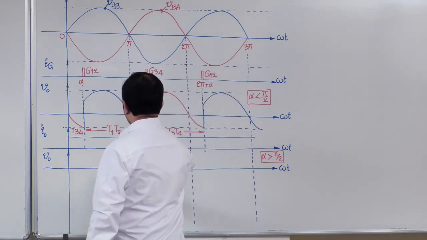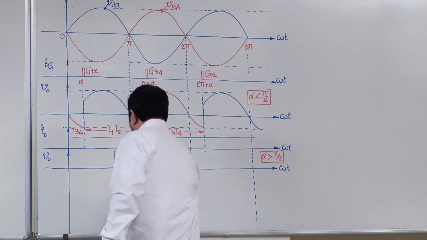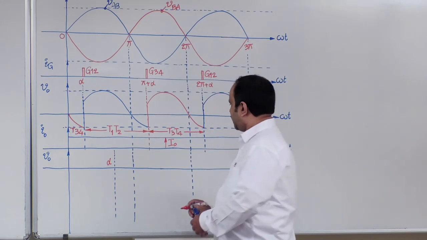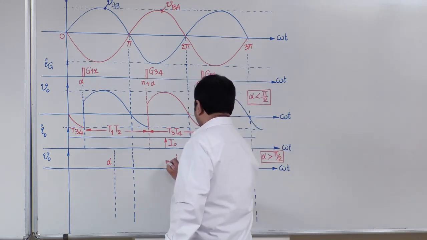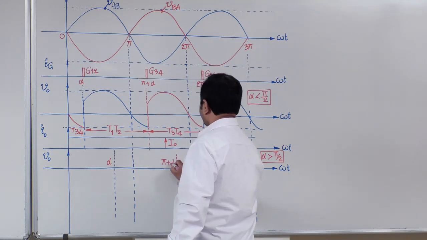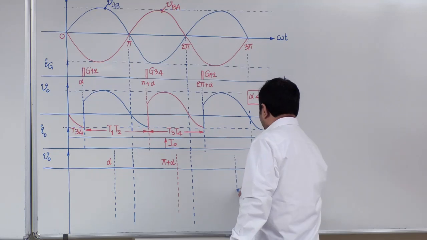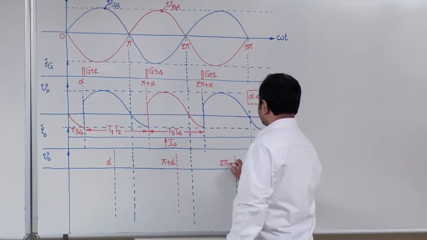So here alpha is greater than 90 degree, which means alpha will be somewhere here, pi plus alpha will be somewhere here, and 2 pi plus alpha is here.